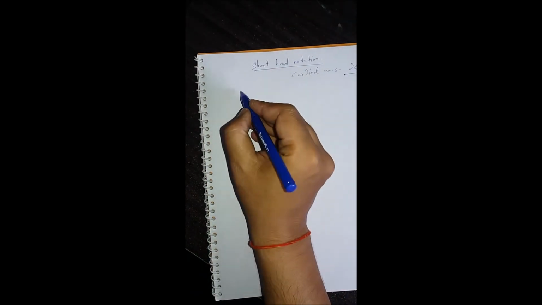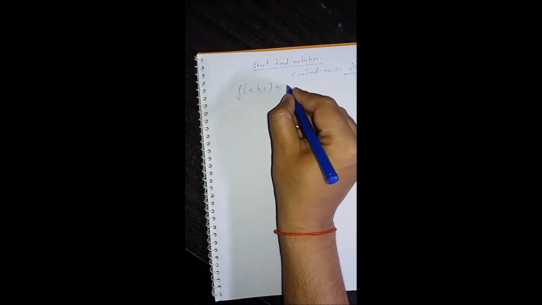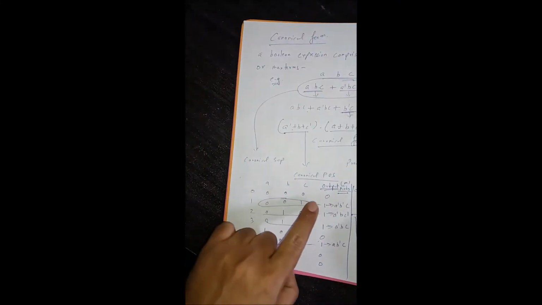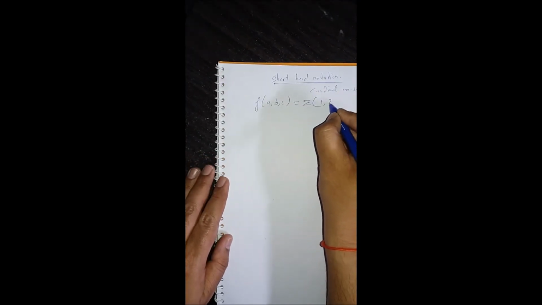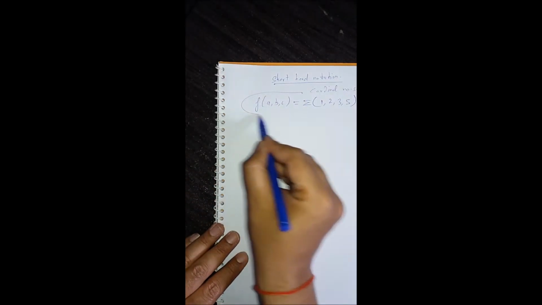So this whole truth table can be written somewhat like function of A, B, C. A, B, C are the variables which we have used, is equal to summation 1, 2, 3, 5. So that is summation 1, 2, 3, 5. This represents the whole truth table.